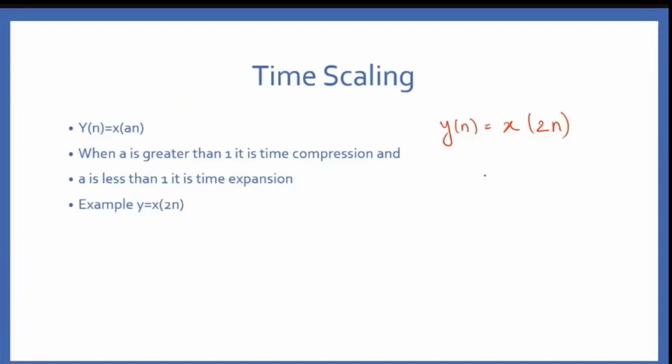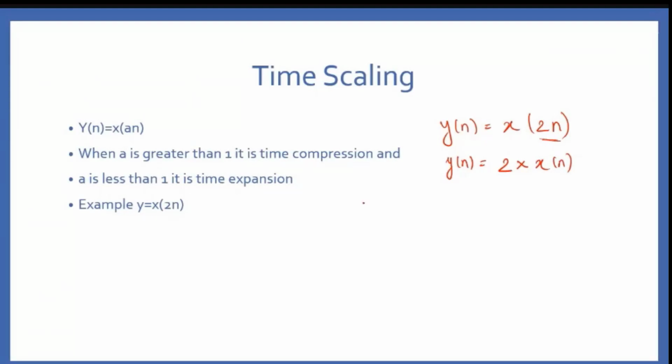Now this is something different, right? Can you all see the difference? What we did just now, amplitude scaling, was y[n] equal to 2 times x[n], correct? But now we are doing time scaling. That means the constant is multiplied inside, here, correct?